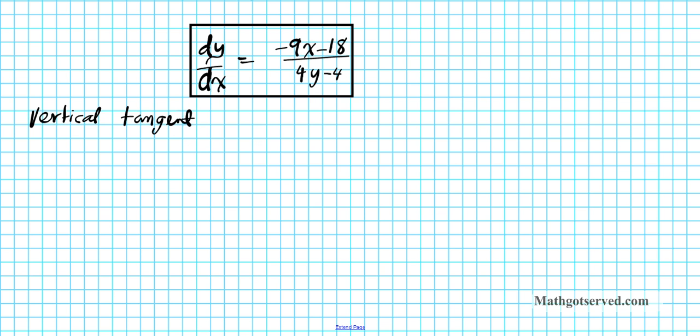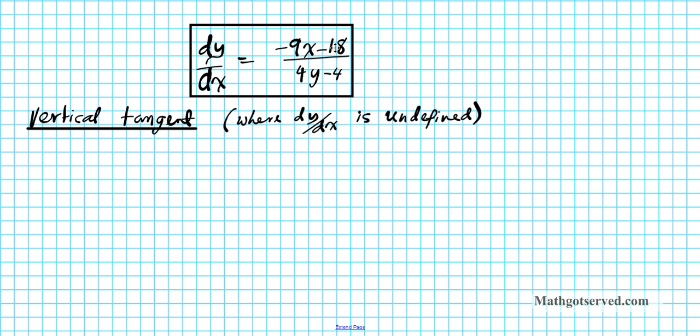A vertical line goes up and down, and we know that the slope of a vertical line is undefined. So we're looking for points where dy/dx is undefined. Anywhere that dy/dx is undefined, we're going to have a vertical tangent at that point.